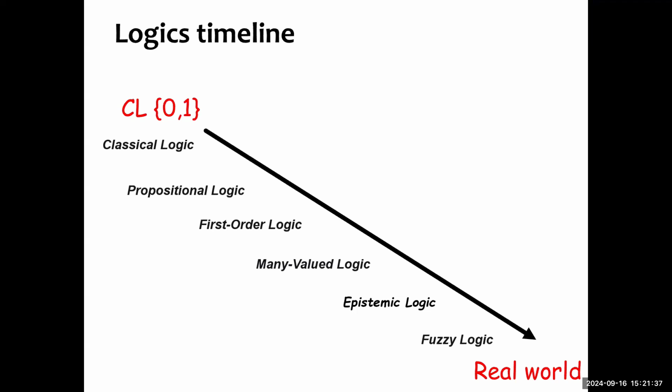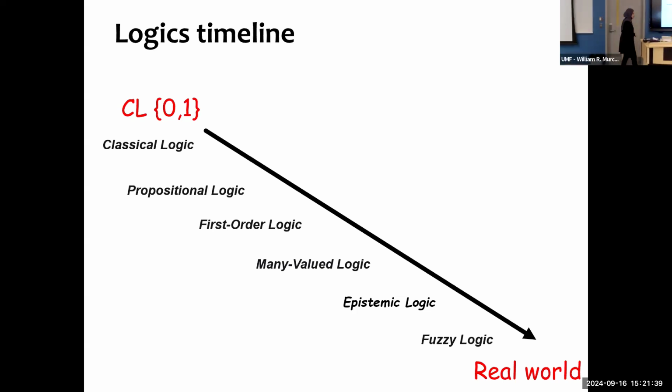Great. After first order logic, after introducing quantifiers, like Zoya is saying, we have the many valued logic, which means we are always nearer to the real world. We must keep this in mind. So with the first logic, it's 0 or 1.